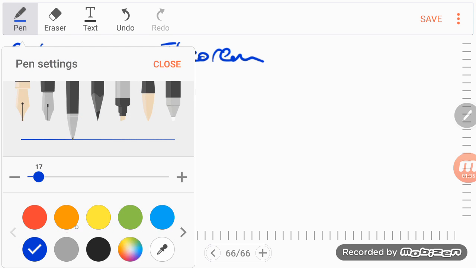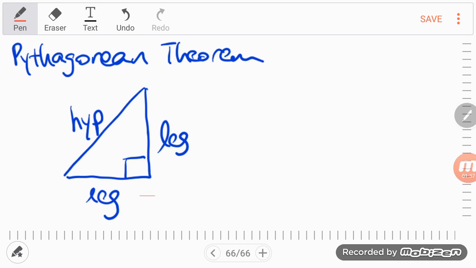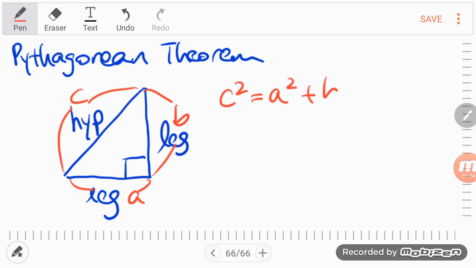Let's say one leg has a length of A, the other leg has a length of B, and my hypotenuse has a length of C. Then I can say C squared is equal to A squared plus B squared. Make sure your C represents your hypotenuse.